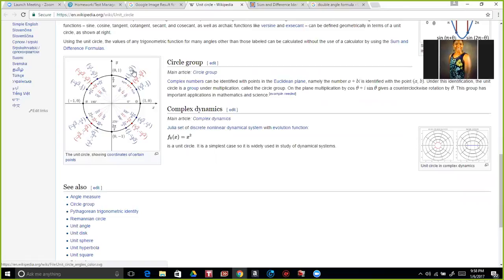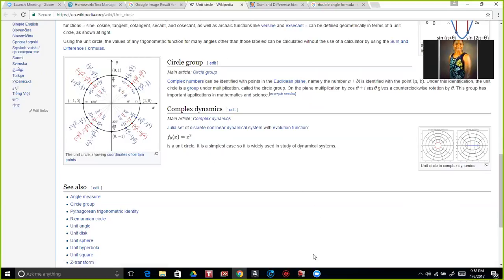So the cosine of 60 is 1/2. Cosine of 45 is the square root of 2 over 2. Sine of 60 is the square root of 3 over 2. And then sine of 45 is the square root of 2 over 2. So we're using these right here.